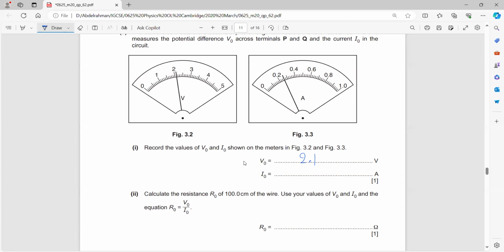Yes. The resistance, 2.1 divided by 0.26, would be 8.1 ohms. Okay.